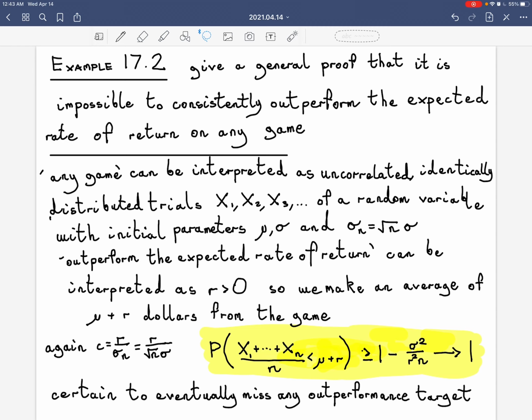So we can interpret that as saying we're certain to eventually miss any outperformance target. You can't expect to profit from any gain beyond what's mathematically bound up by calculating the expectation.